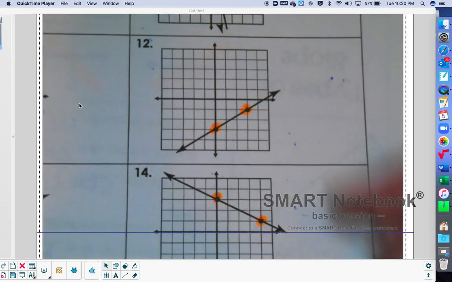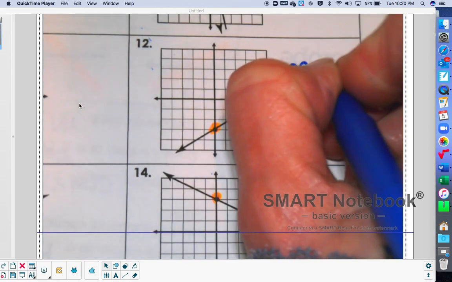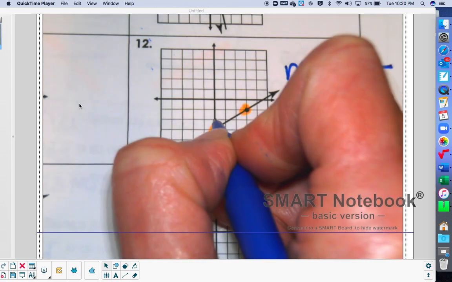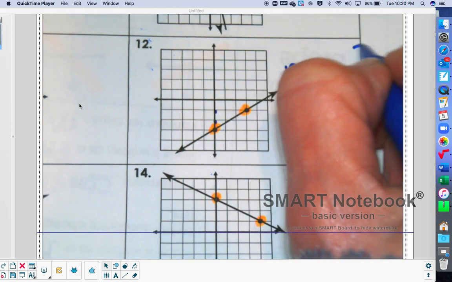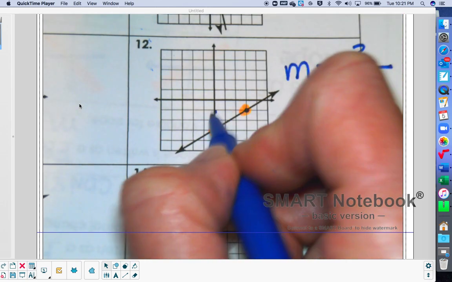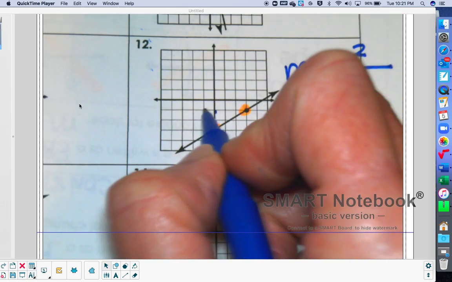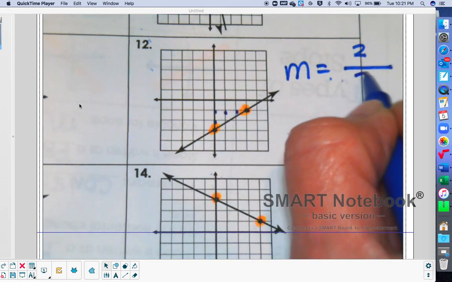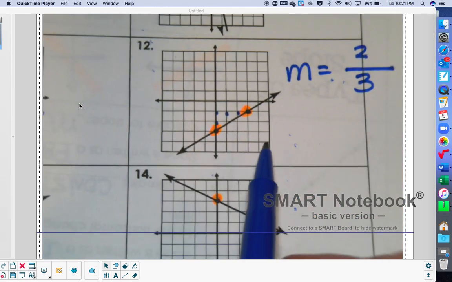So I want you to do exactly what I did. M equals, give yourself a fraction bar. I'm going to count up first, 2 units up, that's my numerator, and I'm counting up, which is positive, and then counting to the right, which is also positive. And so the slope for this line is 2/3.